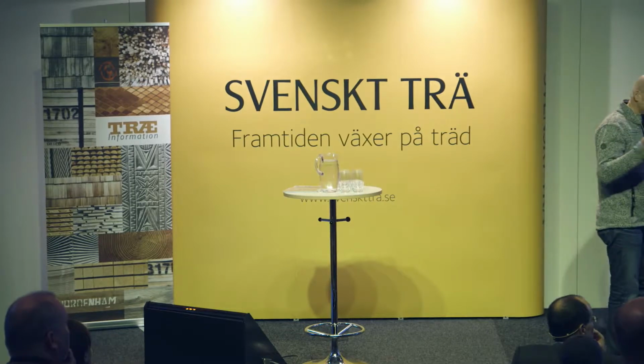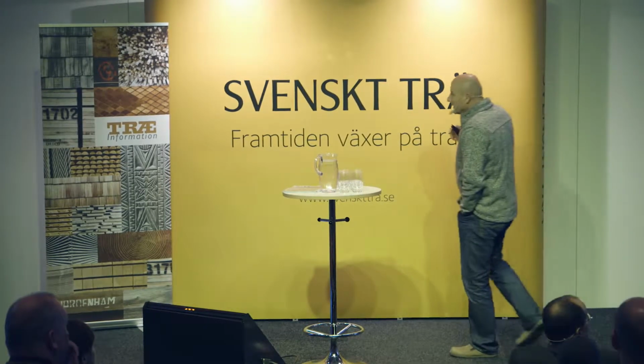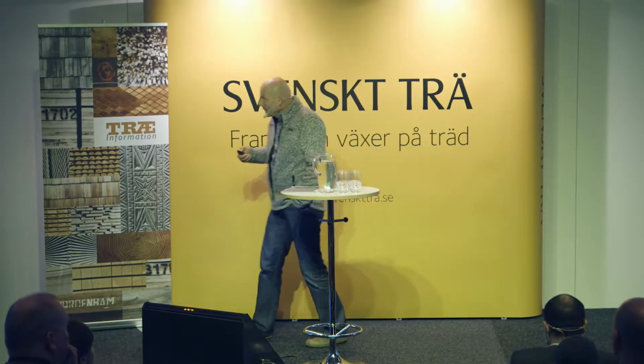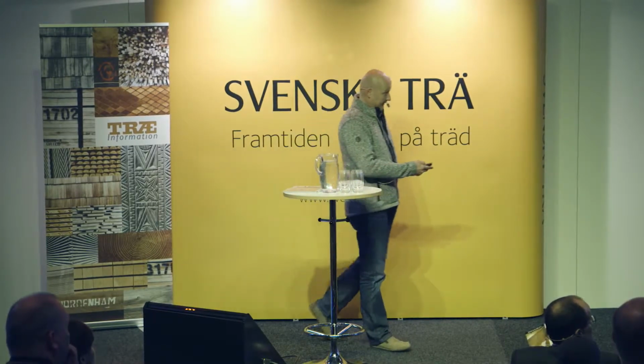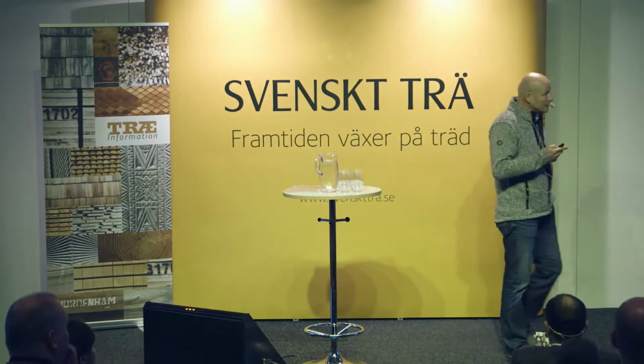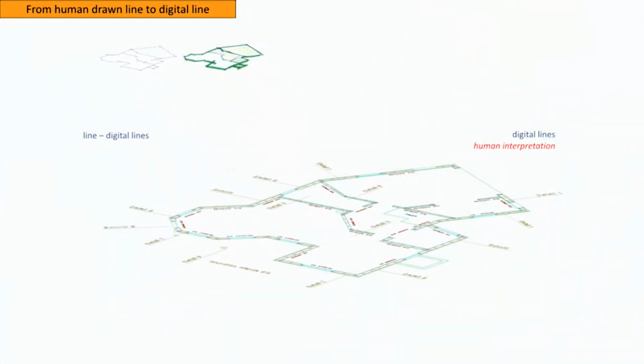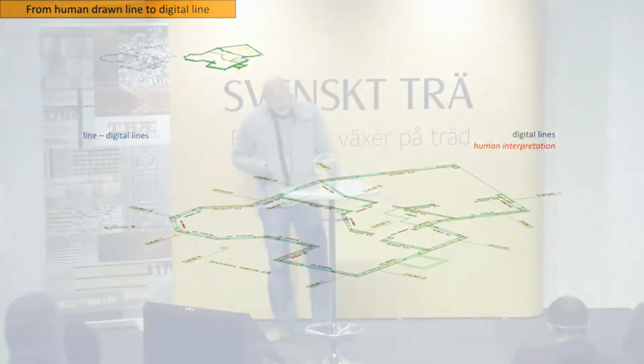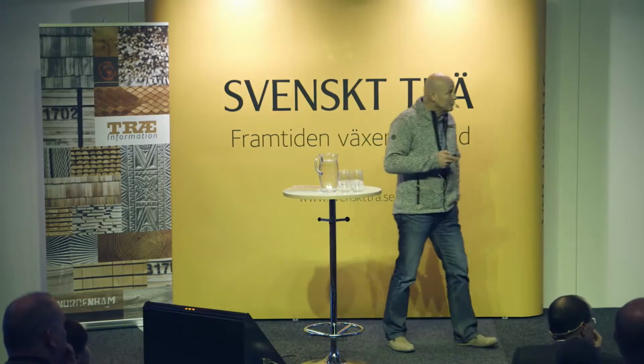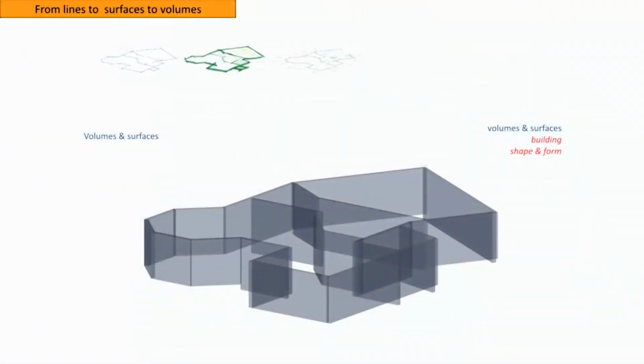Let's see what history is. The history from these hand drawing lines with a lot of human interpretation didn't change when we got into a digital line, 2D CAD, for example. There was still a huge part of human interpretation, and it changed when we got into volumes and surfaces, shapes and forms, and when we come to digital objects and components.